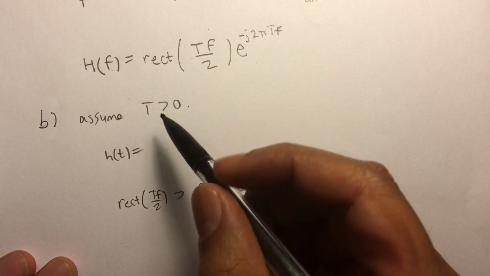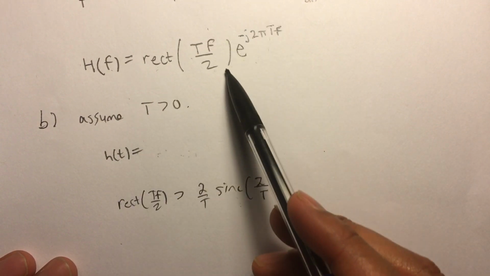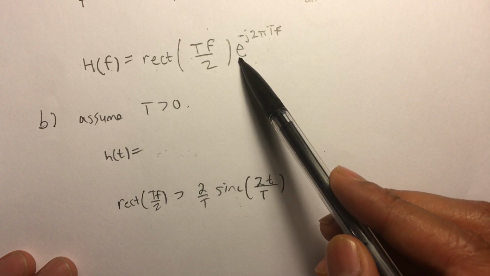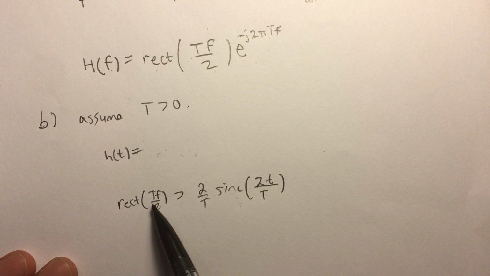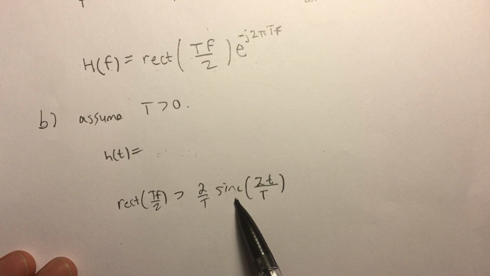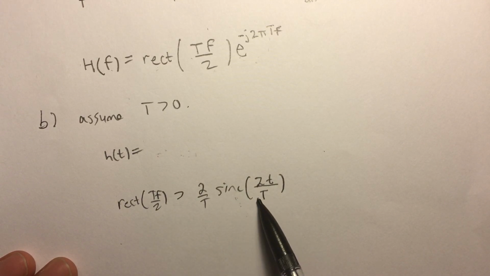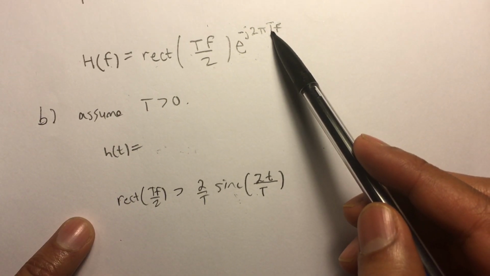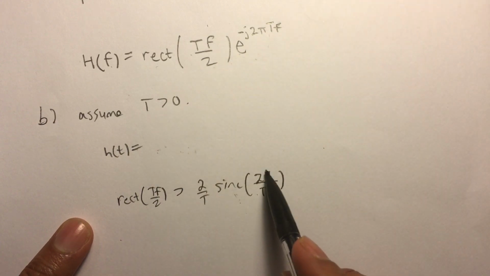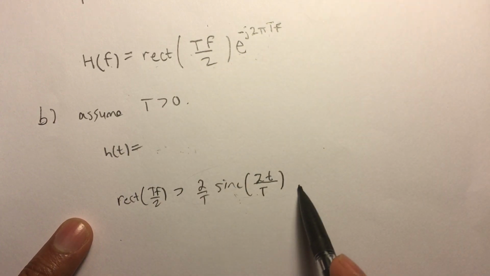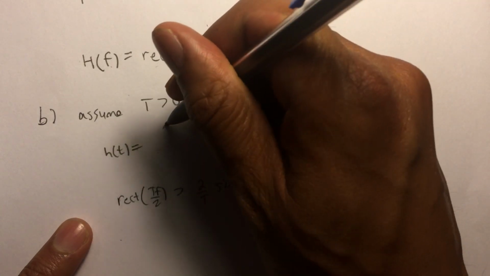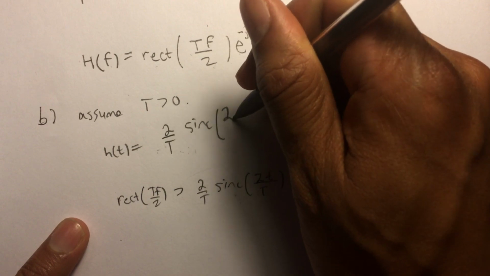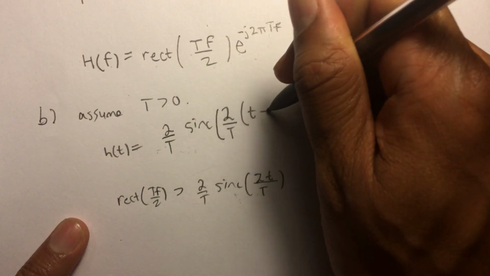And then if we include this complex exponential, it's going to shift this response in time. And how much is it going to shift by? Well, if we look at our properties, it's actually going to shift by capital T. So what we're going to be left with is this function shifted by capital T. So we're going to get 2 over t sinc of 2 over t times little t minus big T.